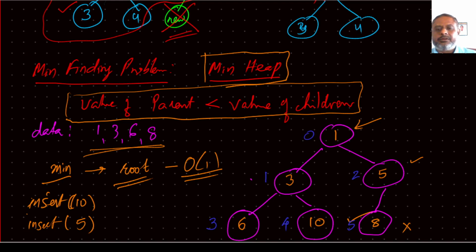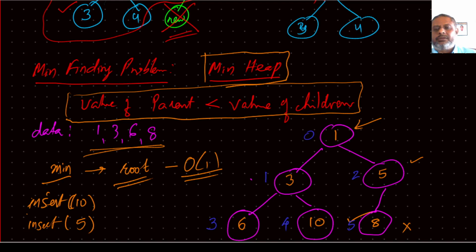Okay, let me check it. Node 1, its parent is node 0, value is 1, and node 1's value is 3. So moving to a lower level, the value should increase. This was 1 at level 0, it is 3 at level 1, no issue.